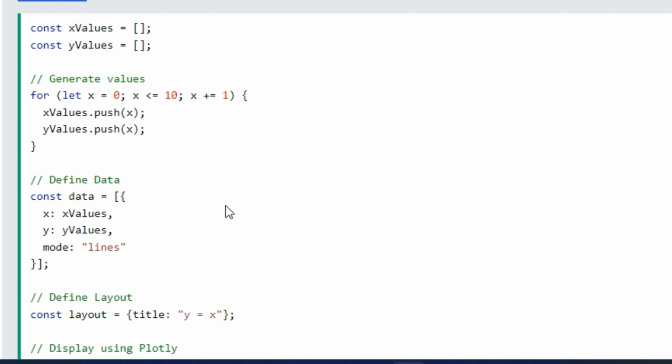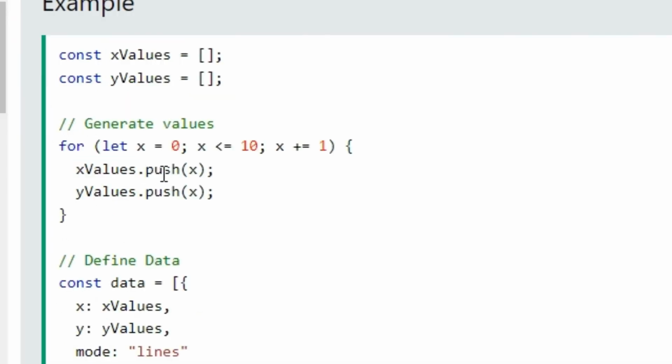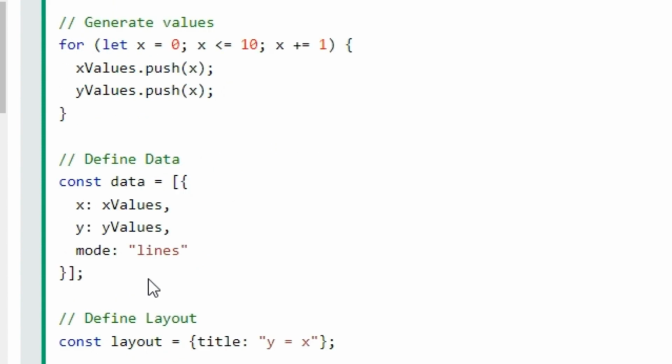This is a code snippet that develops a linear graph. Const xValues and const yValues. Now we have to populate these two sets of values. So xValues push x. We iterate through a for loop and insert these values.